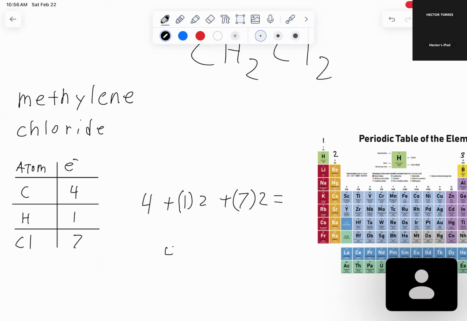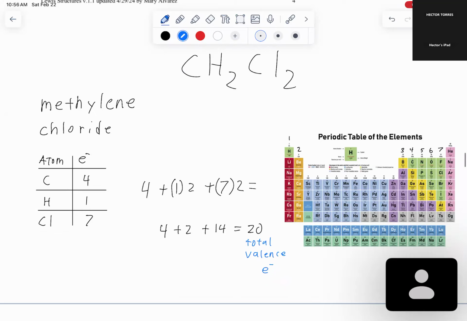Let me break it down. So it's 4 plus 2 plus 14, so that should be 20. Okay, so now we have the total valence electrons. Great. So let's go to step 2.